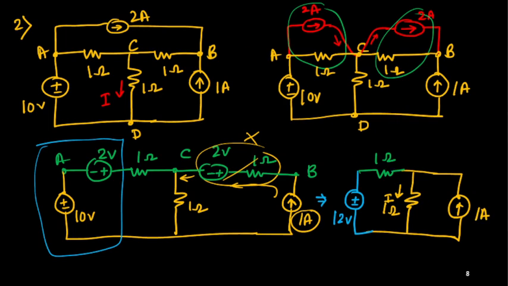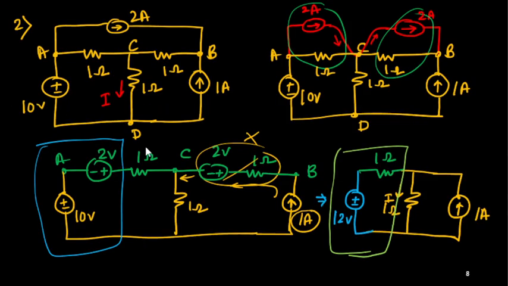So now what I can do, I can simply combine or convert this network of 12 volt and 1 ohm. You can check the calculations in case I make any mistakes, but this is the procedure. This is 12 volt, this is 1 ohm, that we can convert to a current source. But this 1 ohm I will not modify. So what will I get?